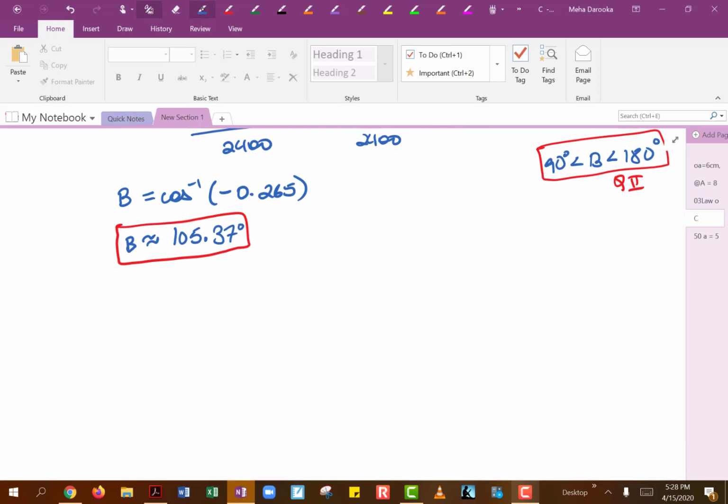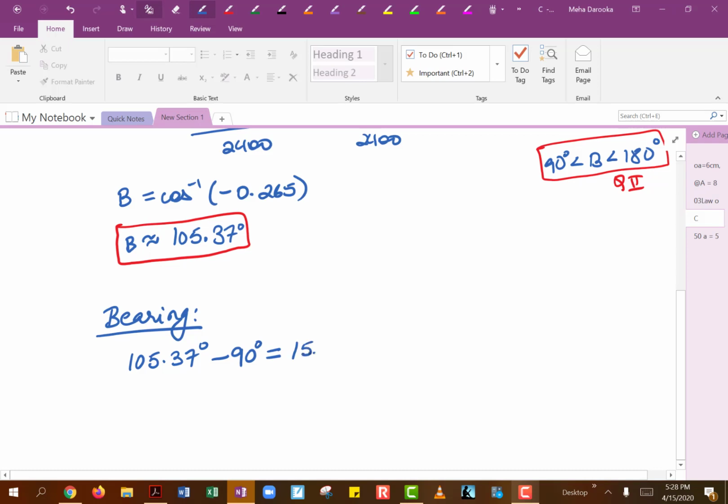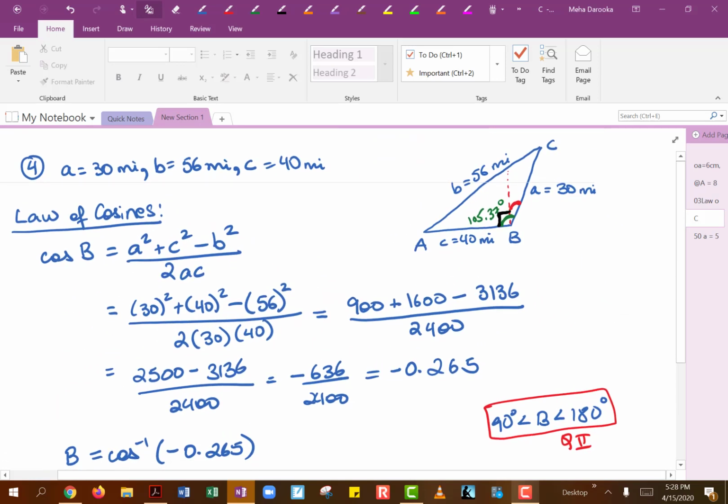To find our bearing, you get 105.37 degrees minus 90 degrees, which of course gives us 15.37 degrees.